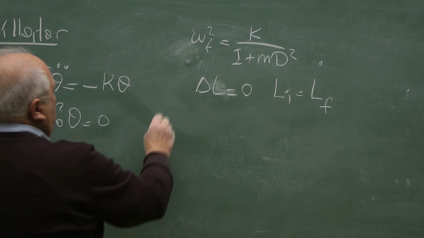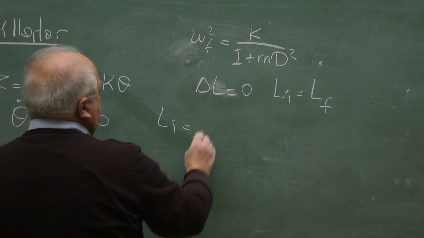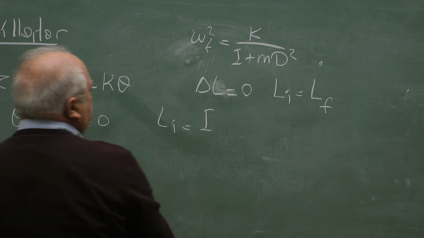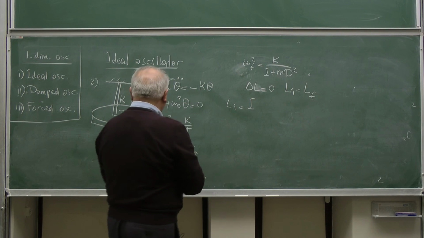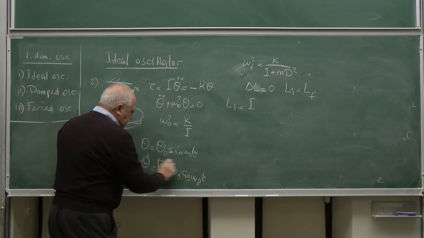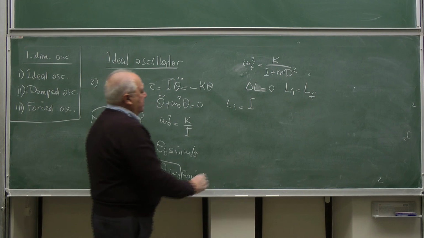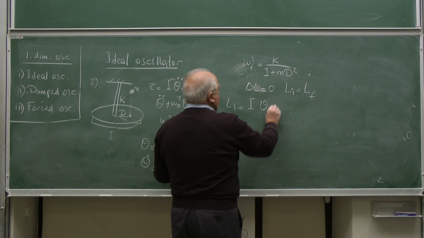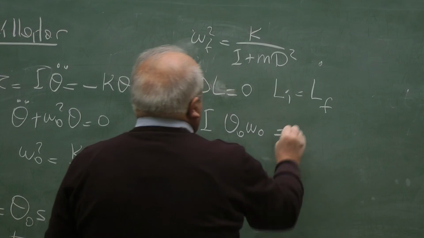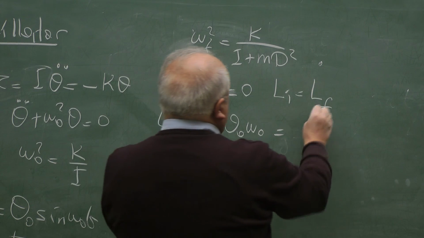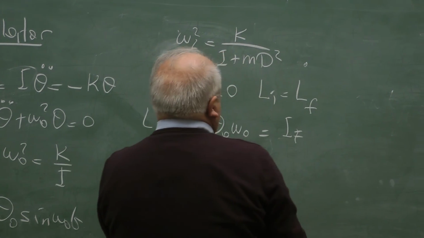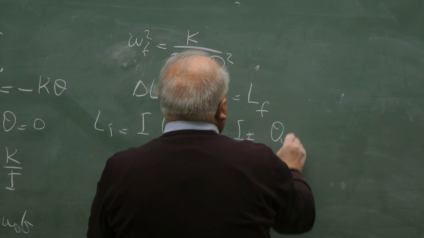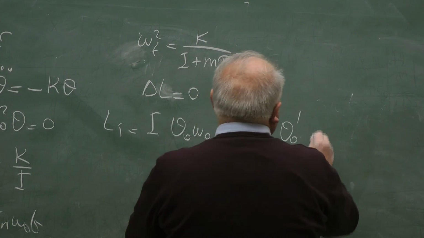So initial angular momentum is equal to the final angular momentum. So initial angular momentum is initial moment of inertia, which is I, times initial angular velocity, theta 0 omega 0, is equal to final angular momentum, which is IF times theta 0 prime times omega f.